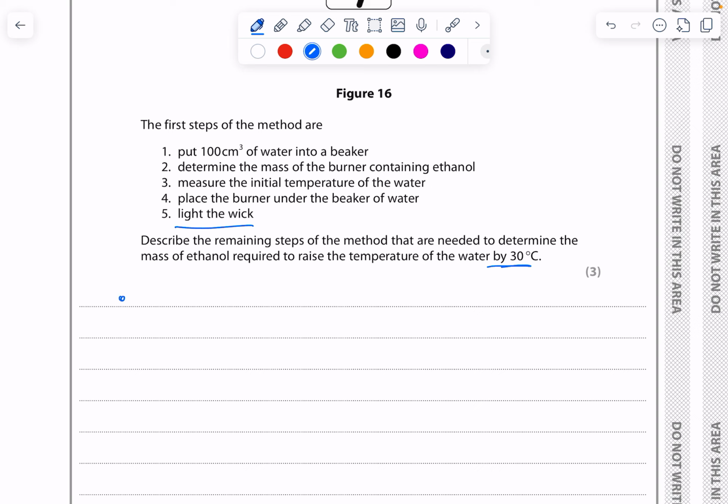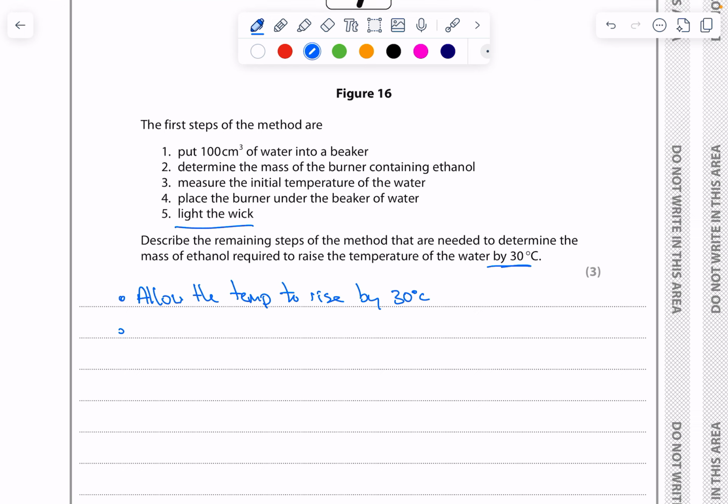So what you would do next is allow the temperature to rise by 30 degrees.